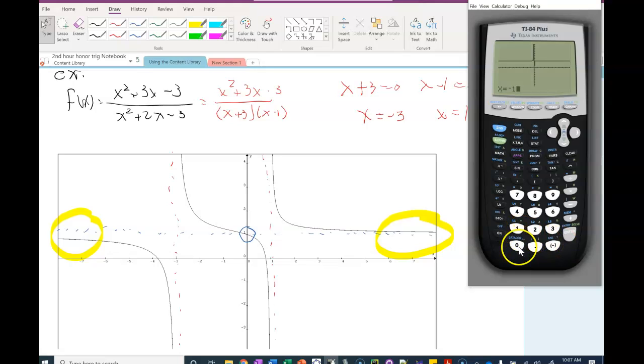So negative 10, I get 3.33 and change, negative 100, I get 3.03 and change, getting closer. And when I do negative 1,000, I get 3.003 and change, and that's, again, confirming what I saw on the other end. Is that okay?